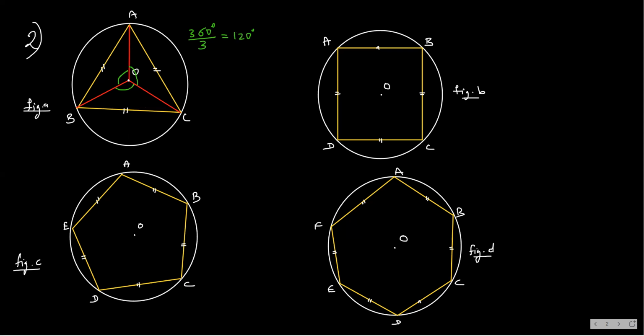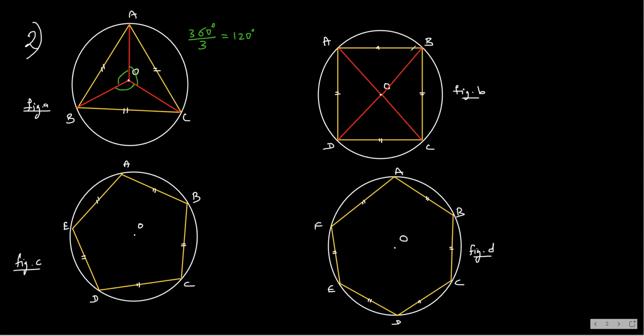Now let's do the same thing in the case of a square. So see, side AB subtends this angle at the center. BC subtends angle BOC at the center of the circle, and side CD subtends angle COD, AD subtends angle AOD at the center of the circle.